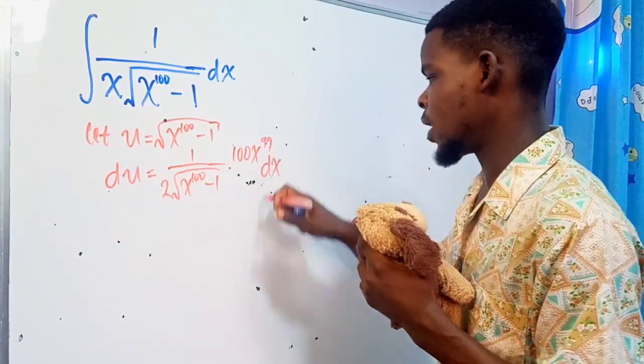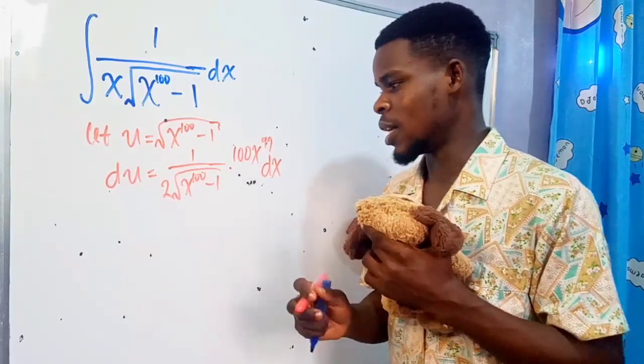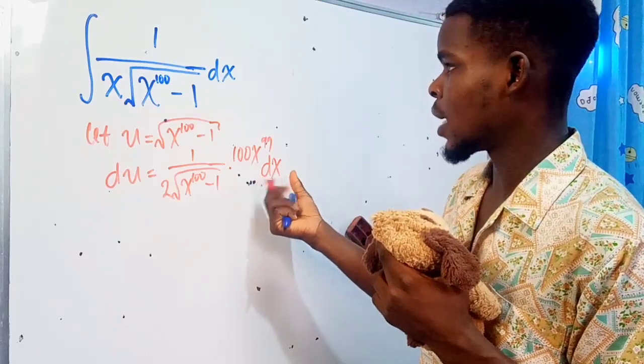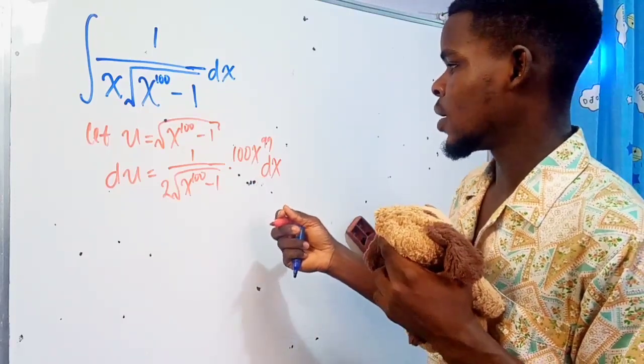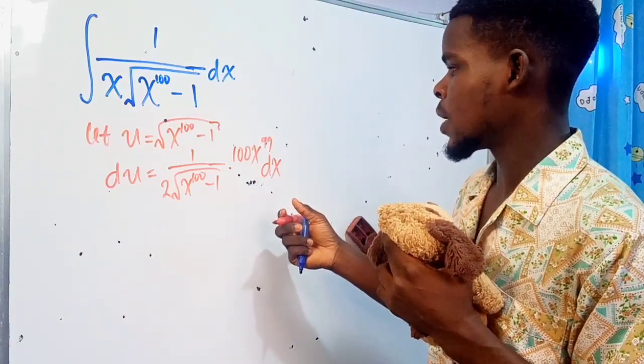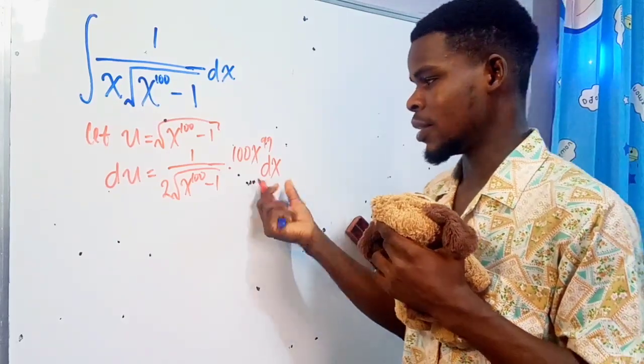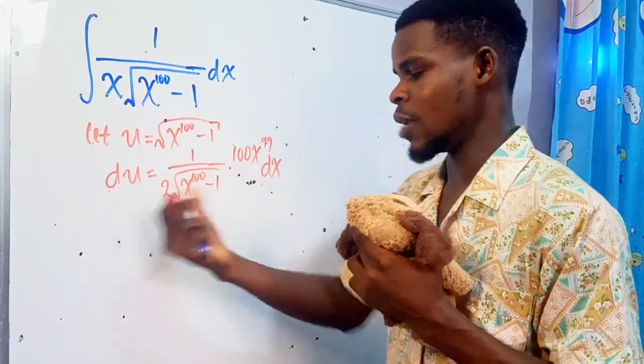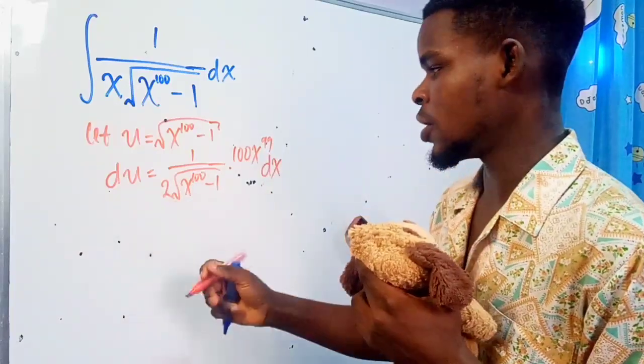So we put the dx over here. From here we try to make dx the subject of the formula, right? That is, we can take the reciprocal of this and interchange dx and du.